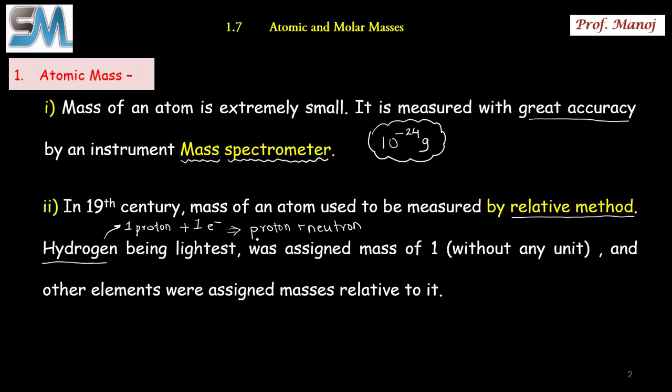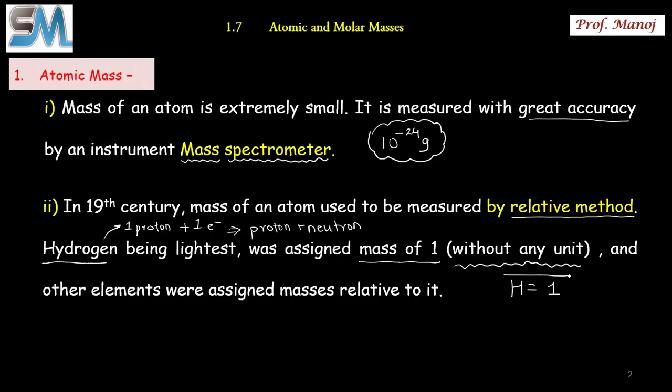So they said, if a hydrogen atom has only one proton, let us take the mass of hydrogen as 1. They did not know the unit of it. And being a very tiny entity, you cannot call it gram or kilogram. So they just called hydrogen equal to 1.